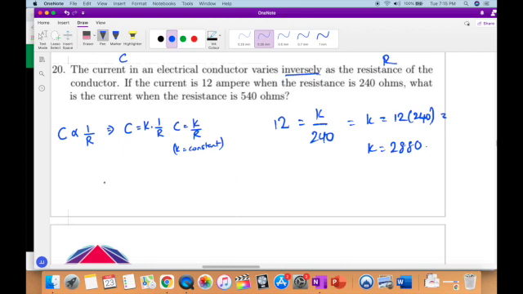So now the particular equation, or the specific equation, is C equals 2880 over R.